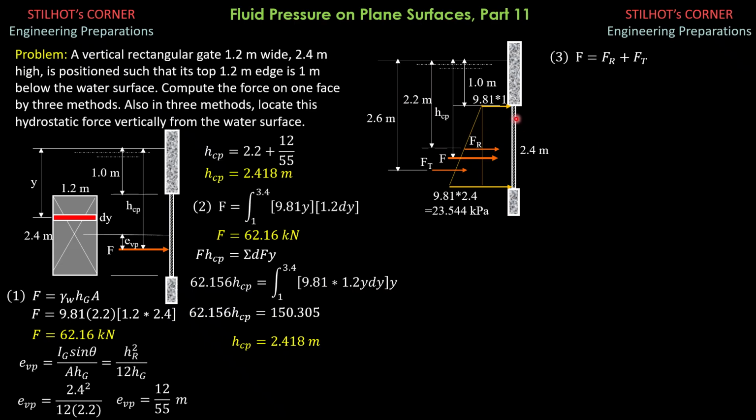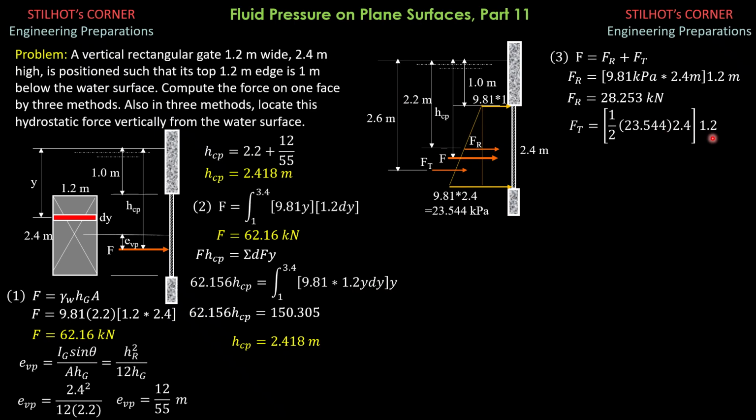F_R is the volume of the pressure diagram, which is the area of this rectangle, 9.81 kilopascals by 2.4 meters, times length perpendicular to the screen, 1.2 meters. So that would be in kilonewtons. F_R equals 28.253 kilonewtons. F of triangle is 1/2 of 23.544 times 2.4 times 1.2 perpendicular to the screen. So F of triangle is 33.903 kilonewtons.